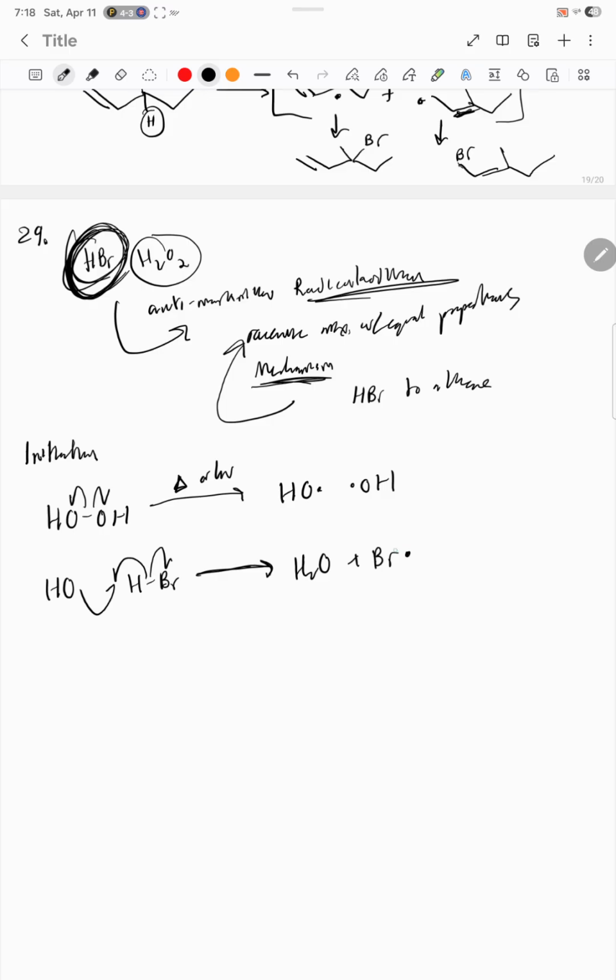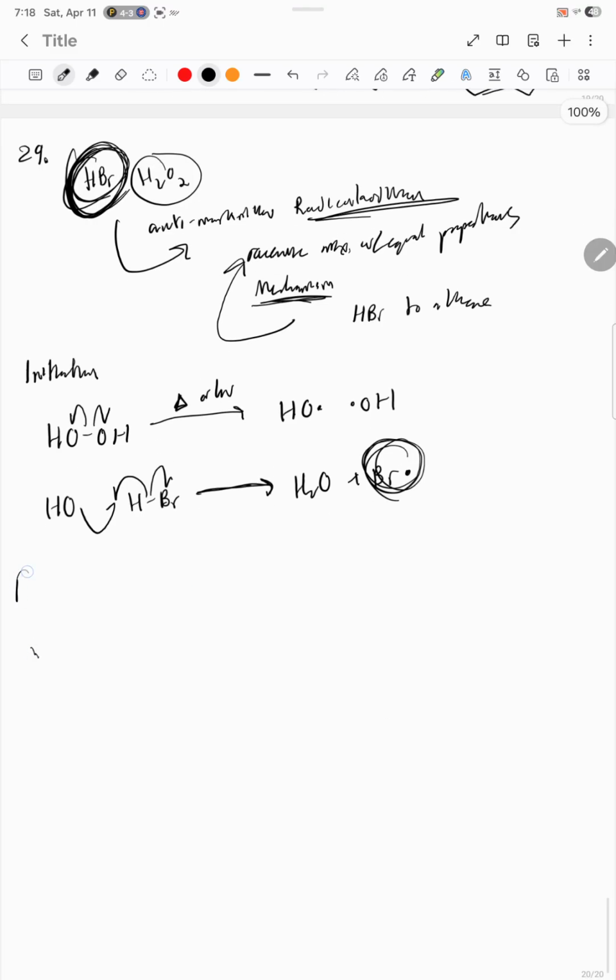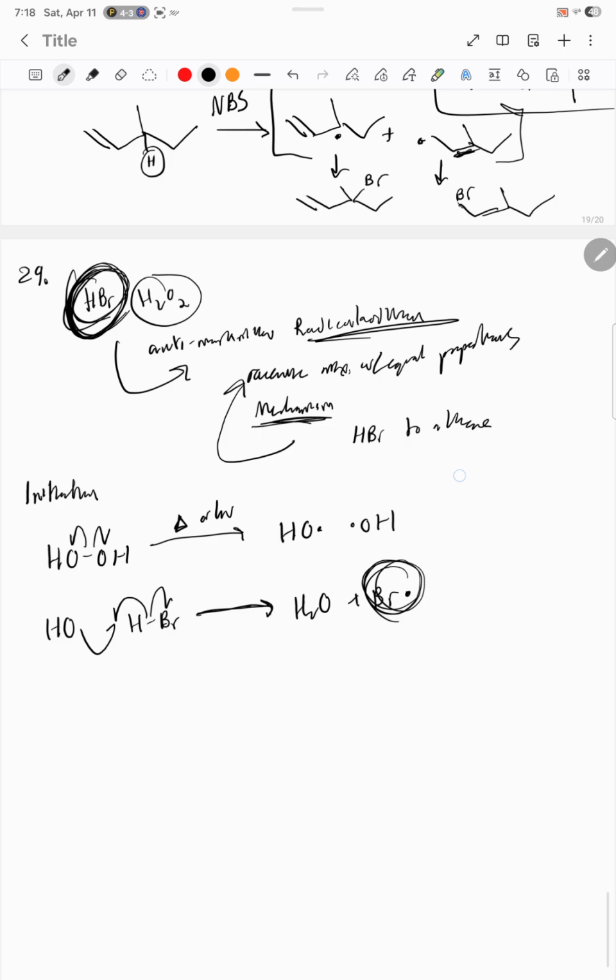Now, what does this mean? It means we can use this Br radical for our propagation. Now, what would propagation look like? Hold up before we get to all of this. We were talking about anti-Markovnikov radical addition the whole time, but we didn't draw the basic picture.